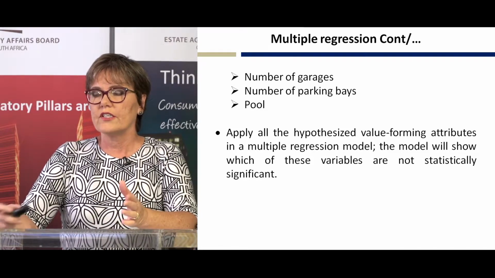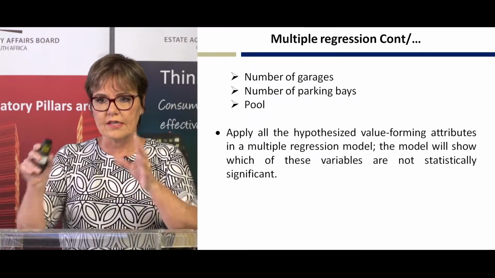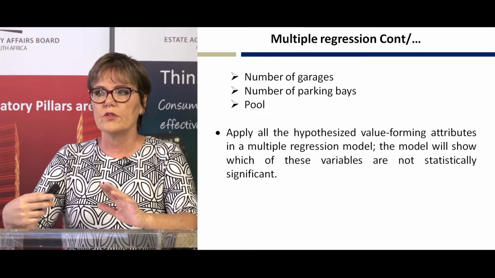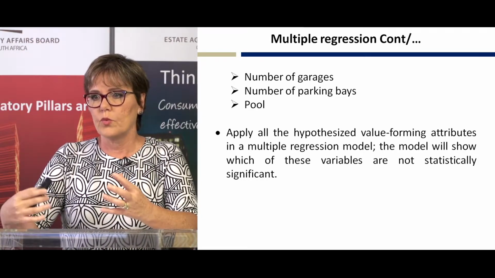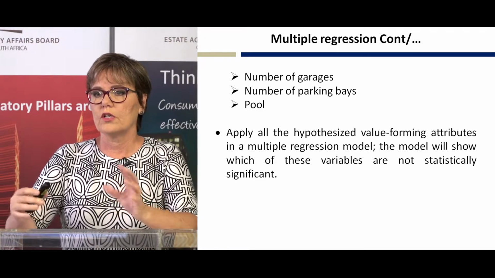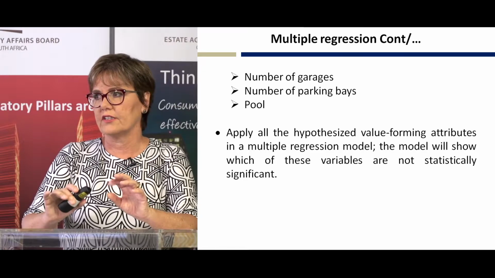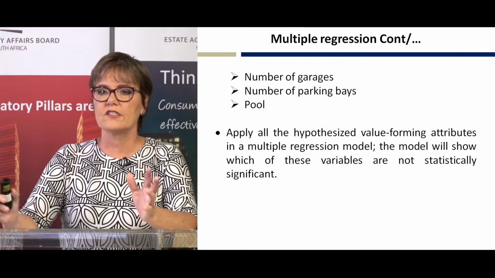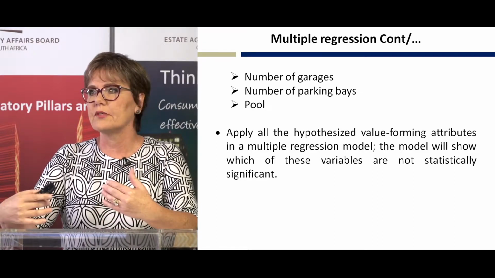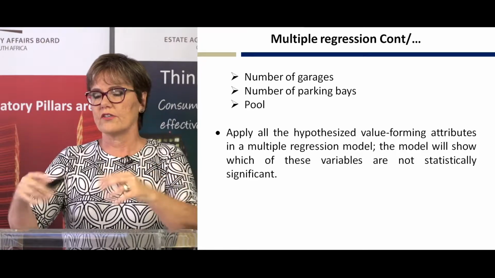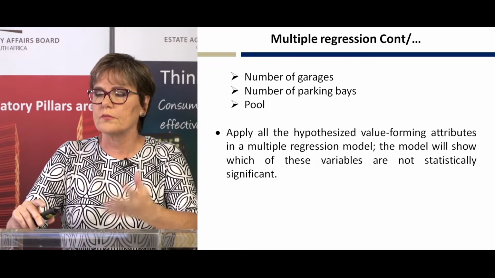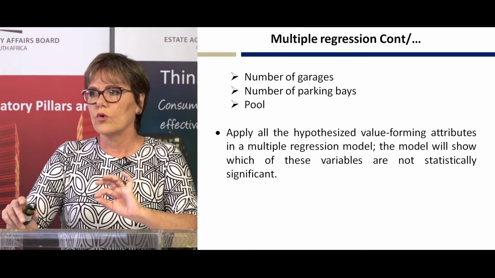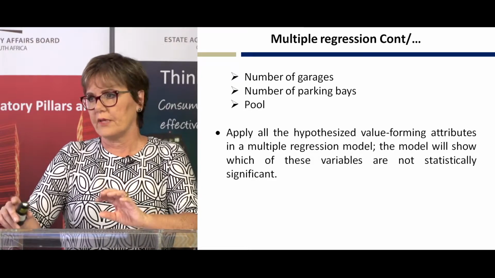And obviously, we don't know, when we are trying to determine the value of a specific property, so we will hypothesize which of these attributes will show as significant in our equation. For instance, the number of garages, or at least off-street parking, in a suburb like the City Bowl, which is at the foot of Table Mountain, would probably show up as quite significant, because people prefer to have off-street parking and they are prepared to pay for that.